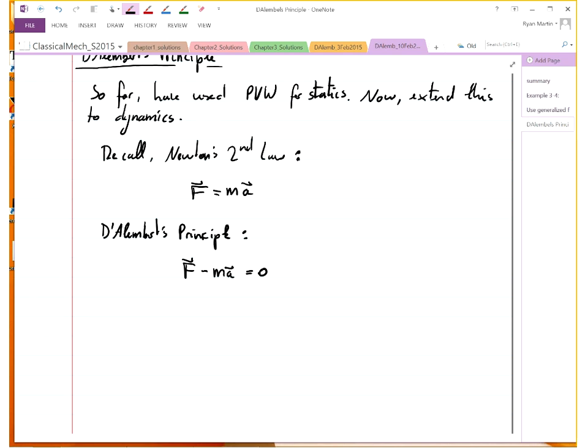But why is this such a genius idea? With D'Alembert's principle, we rewrite Newton's second law as F minus ma equals 0, and we introduce what we call the inertial force.